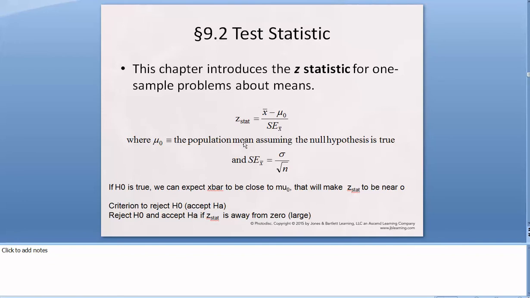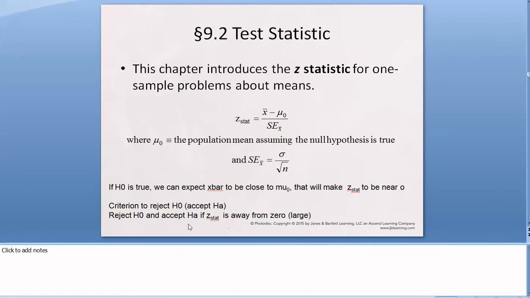Okay, so based on that logic, the criterion to reject H null: if you reject H null, you are accepting HA. Remember, I said that H null and HA are rivals of each other. So if one loses, the other wins. So the criterion is to reject H null and accept HA if the z stat is away from 0.